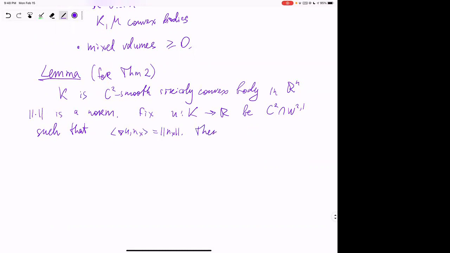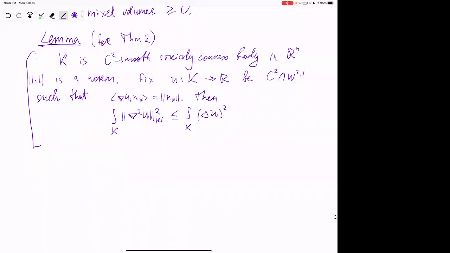Then there is an estimate for this function: the Hilbert-Schmidt norm of the Hessian of that function can be bounded on average by the integral of the Laplacian squared. And this is something very specific to convexity.